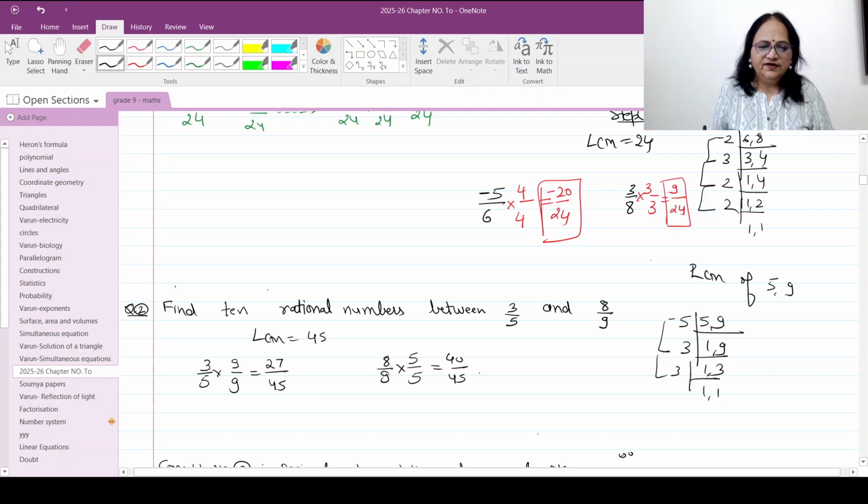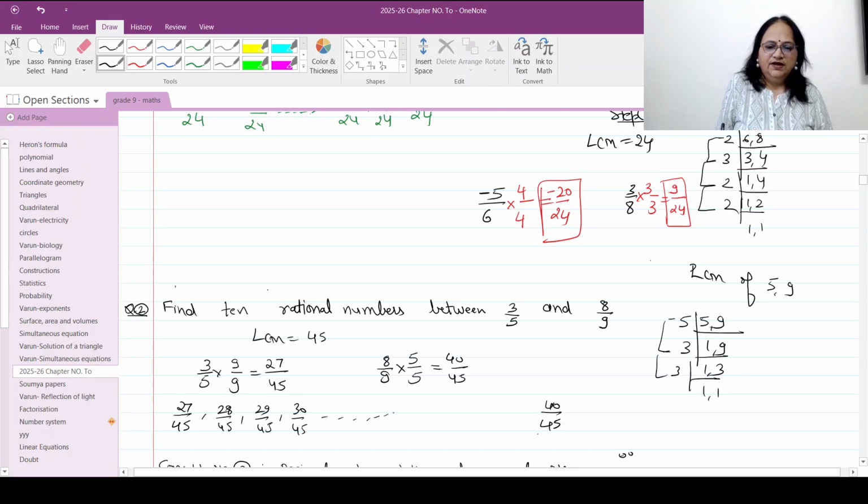So from 27 to 40, if you see, you can find out 10 integers easily. 27 upon 45 to 40 upon 45. Correct? 27, 28 upon 45, 29 upon 45, 30 upon 45, and up to so on.